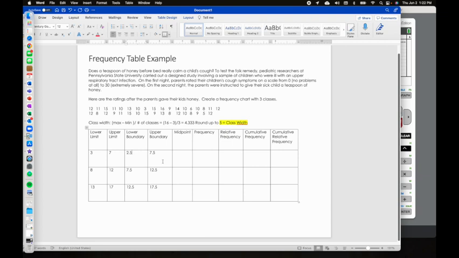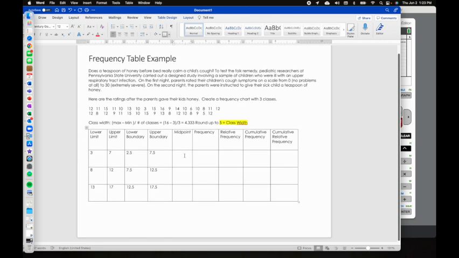So with my boundaries, I'm not going to run into the problem of trying to figure out where the value falls because I know there are no 7.5s in my data values. And that's why we always go out one more decimal place for our boundaries, so that we know the values in the data set are not going to get confused on what class they're going to fall into.